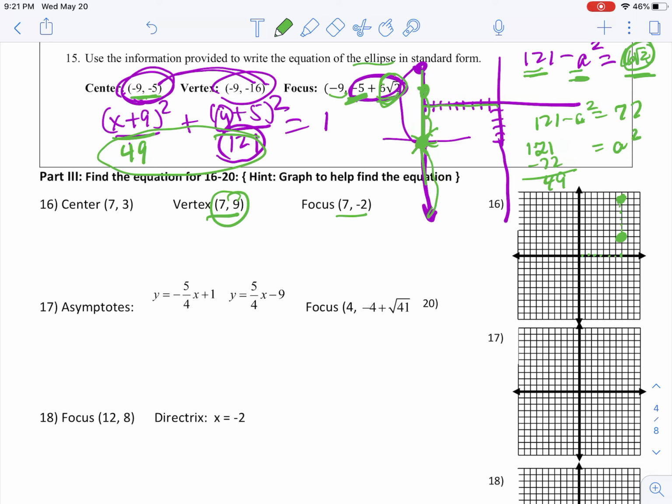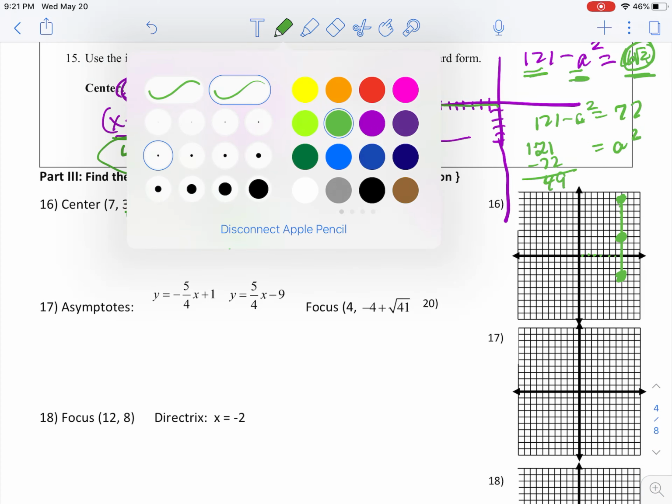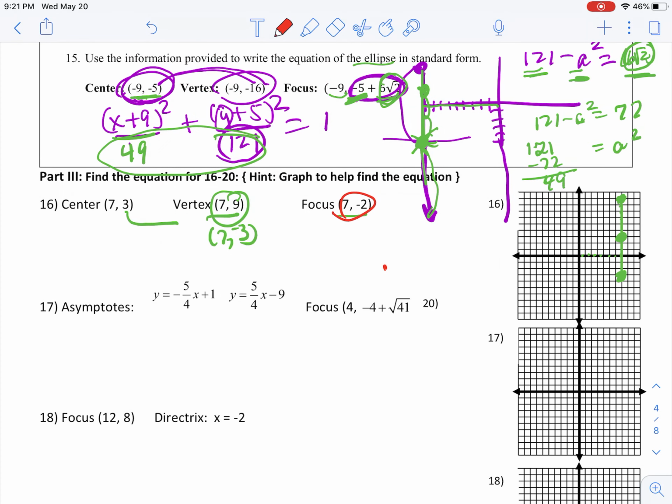So let's go with this. If we have a center at 7, 3, and we have something up here at 7, 9, we also have something 6 units down here. Another vertex 6 units down would be at 7, -3. They tell me they have a foci at 7, -2, so one of your foci is at 7, -2.